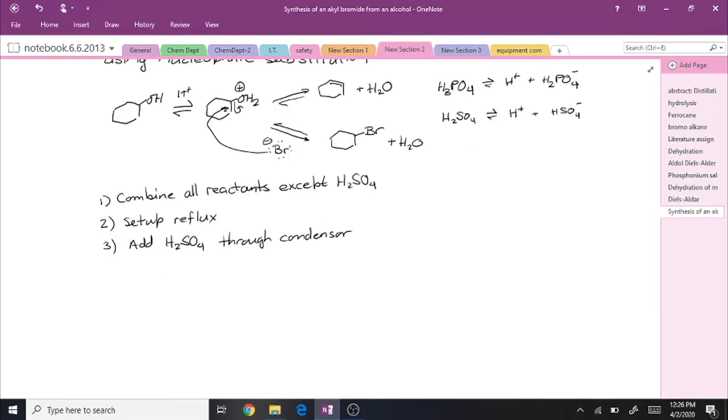The reason we do this is twofold. First, we are using concentrated or 18 molar sulfuric acid.